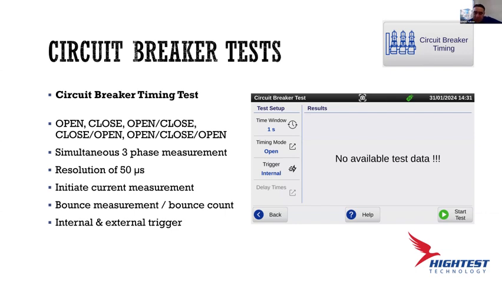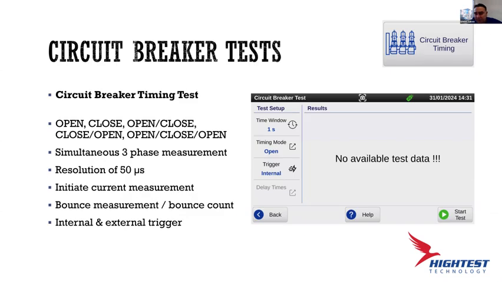In the graphic, you can see the time window. You can choose 1 second, 10 seconds, or 20 seconds. For timing mode, you can choose open, close, close-open, or open-close-open. For the trigger mode, you can also choose internal or external trigger.